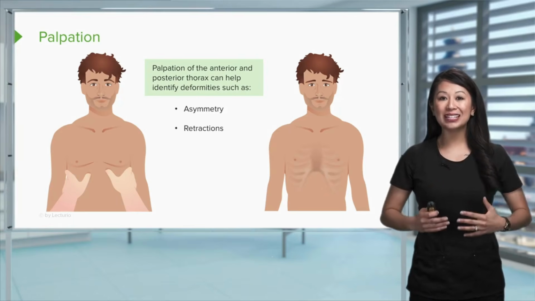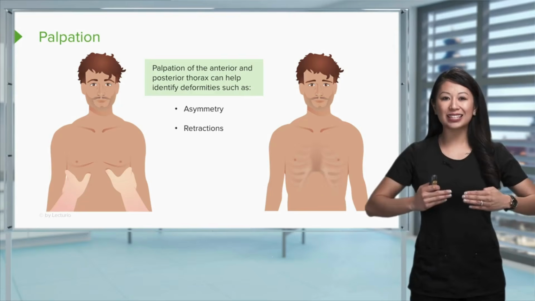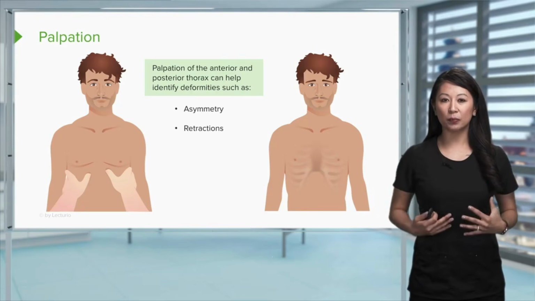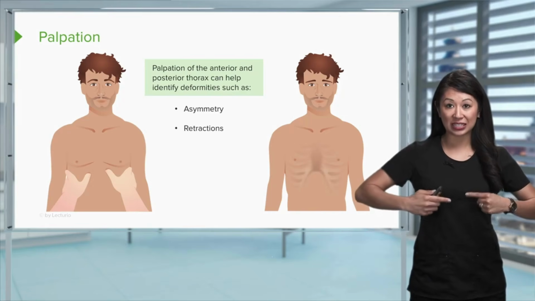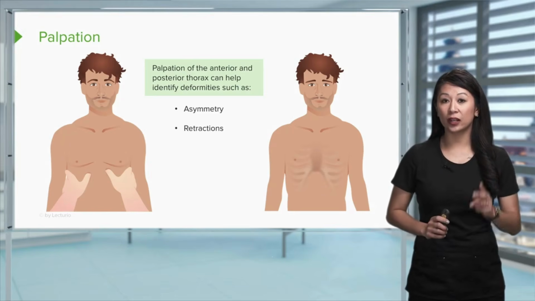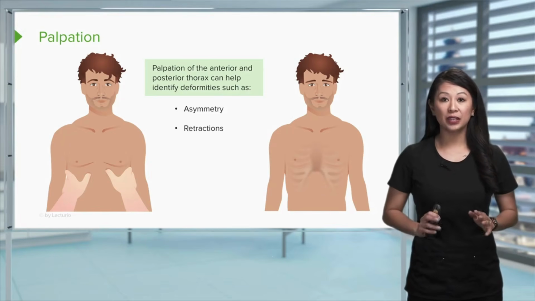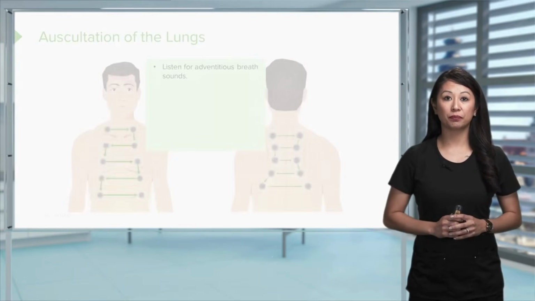Now next you may see retractions. Retractions kind of mean that there's this skeletal-like appearance when you look at the patient's chest, meaning you can see the ribs and part of the chest or the skin sinks in. That is not normal. So asymmetry and retractions are not normal. This can mean trauma or the patient's in respiratory distress.